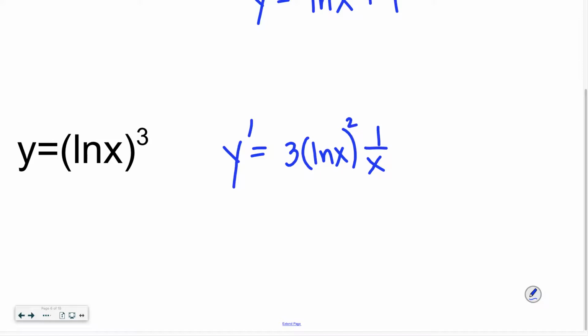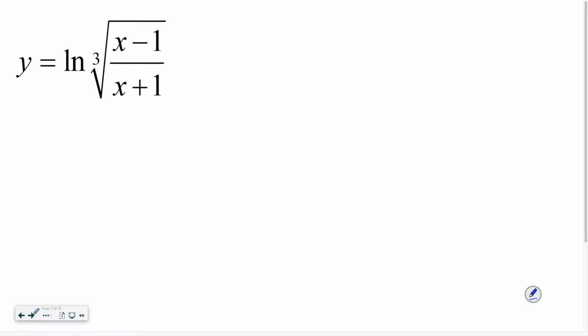You guys are like, this is like nothing, right? What if I gave you something like this? I've given you very simple derivatives so far, but this one, you think, yikes, this is complicated. We have logarithmic properties so that we technically have 2 different ways to take this derivative.